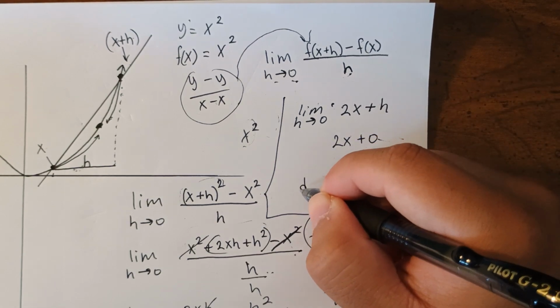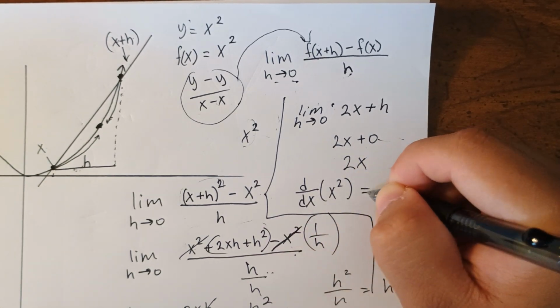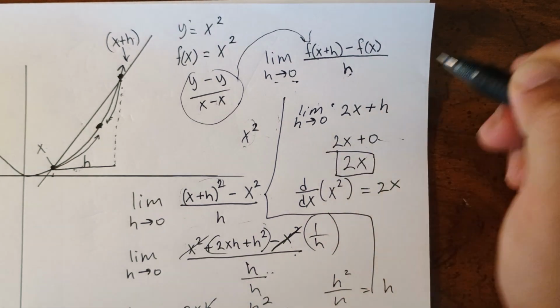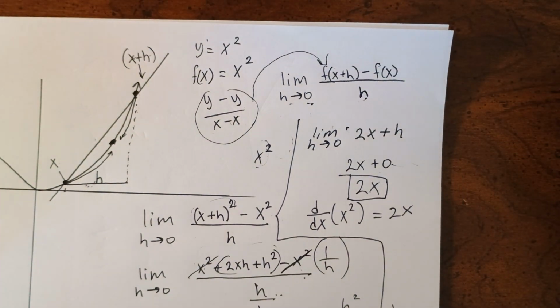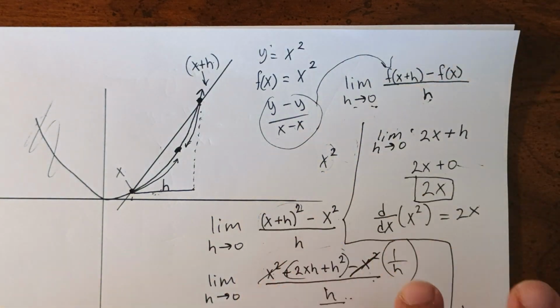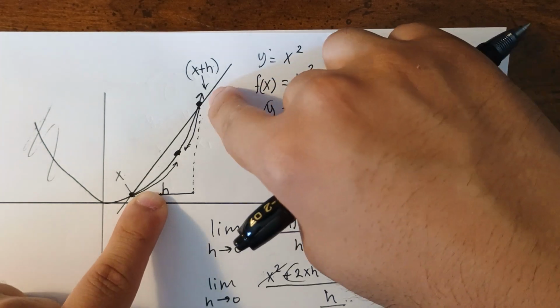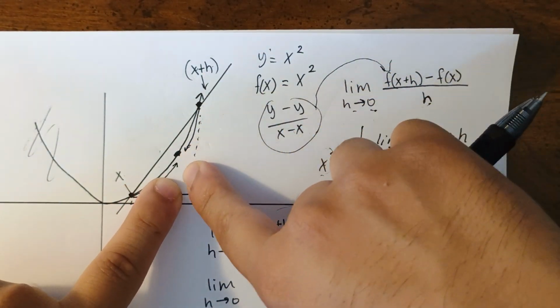I remember in the beginning of the video, I said that the derivative of x squared is just 2x. So this is the same thing. I just did it the really long way. But yeah, that's what a derivative is. We're basically finding the slope like how we would normally do it when you're learning it in algebra, but we're using limits because we're going to make the distance between the 2 points so close that it's practically zero.